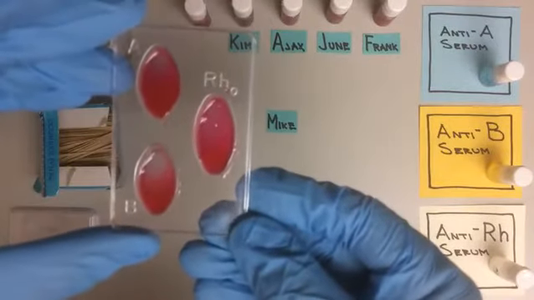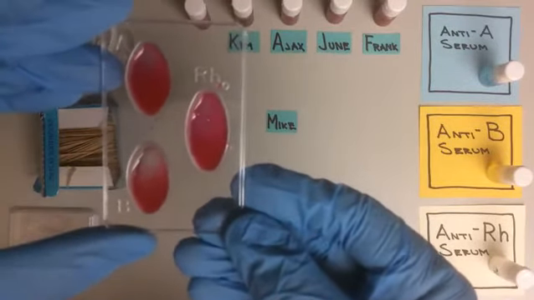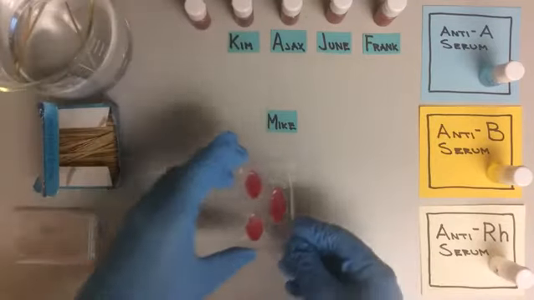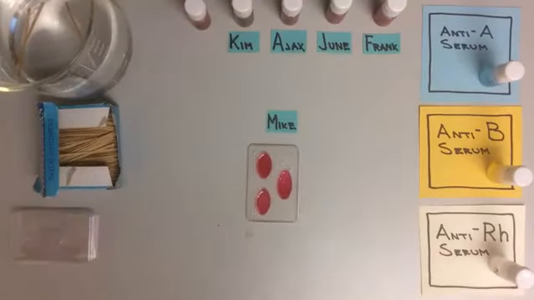Now we see that the sample appears granular, so agglutination has occurred. Let's record our findings in the chart.